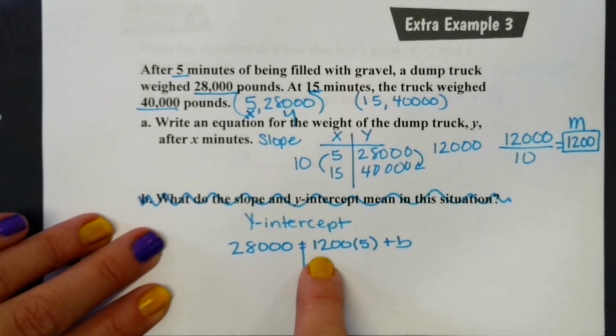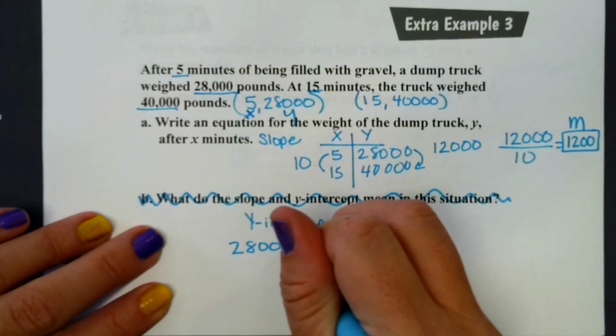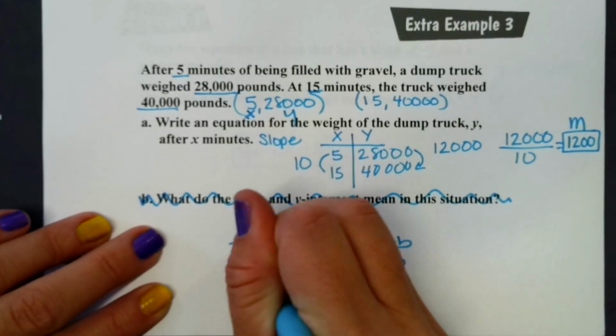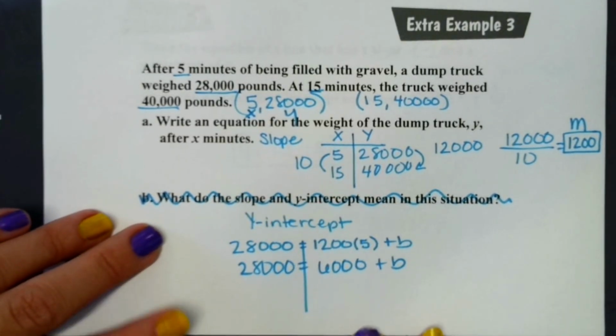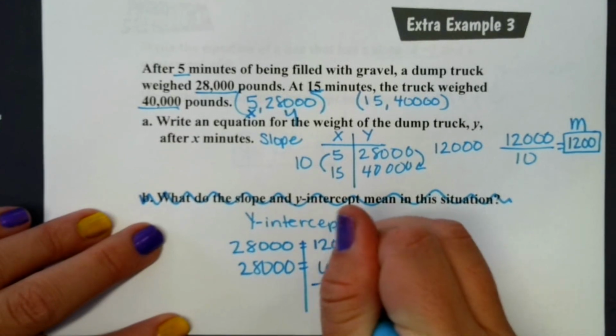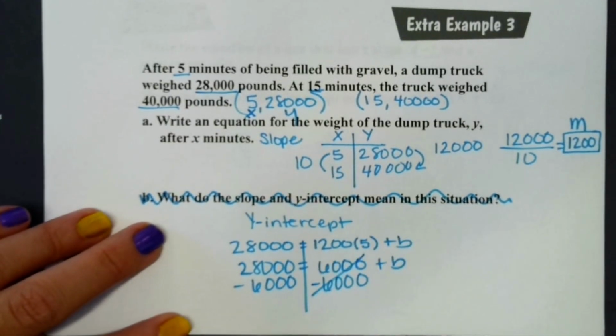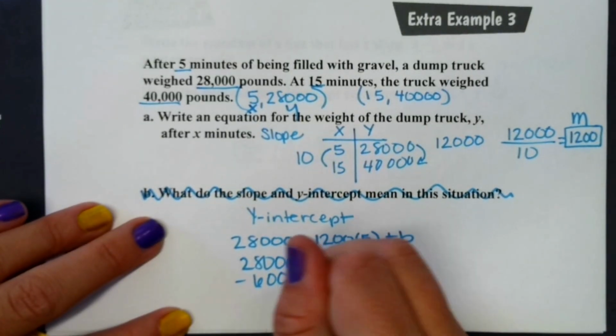What's 1,200 times 5? Very good. Now, the whole goal is you want B by itself. So what is it that you should do? Yep, subtract 6,000. The opposites cancel. So what's left to be your B?